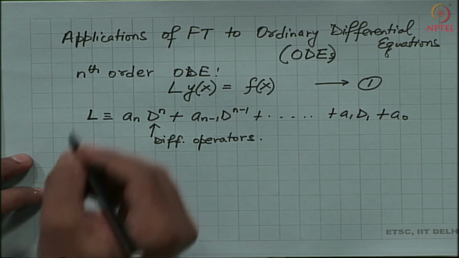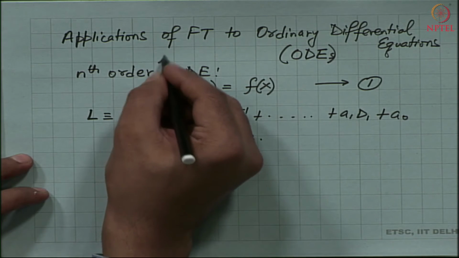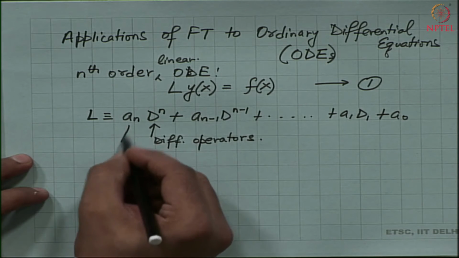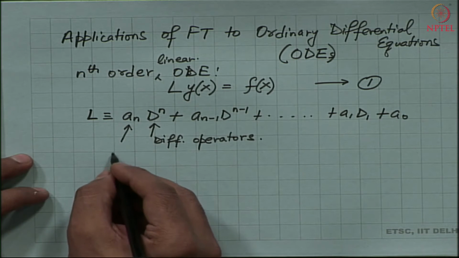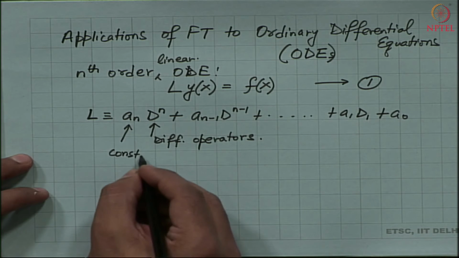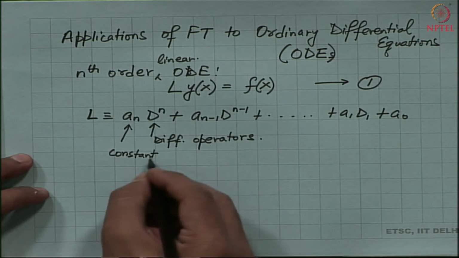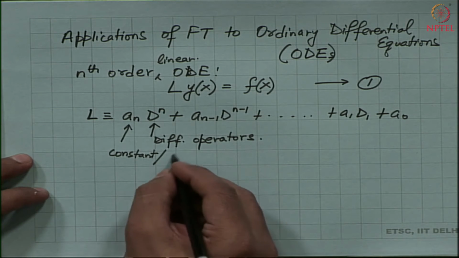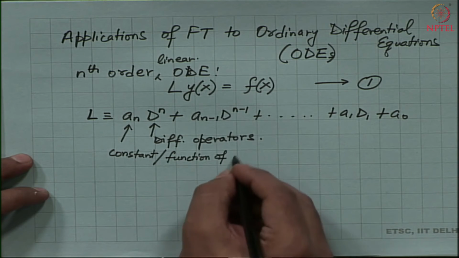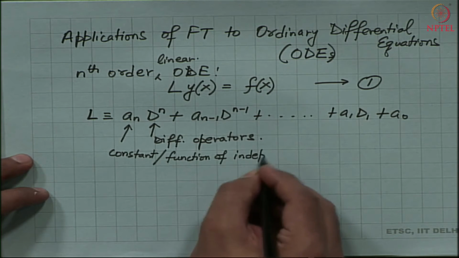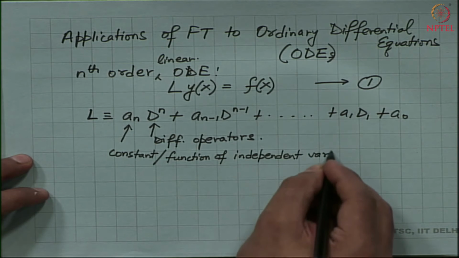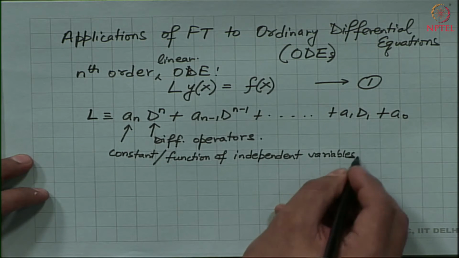Okay. So I am talking about nth order linear ODE to begin with. Which means let us keep these coefficients as, let us say, constant or functions of independent variables.